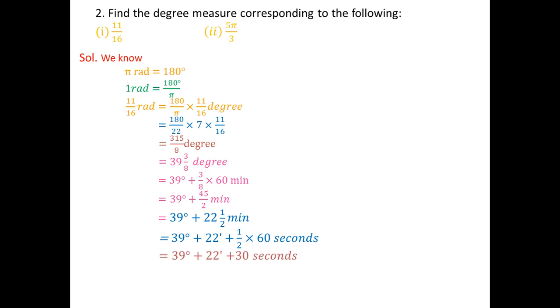So after simplification, we get 39 degree plus 22 minutes plus 30 seconds. On combining, we can write our answer 39 degree 22 minutes and 30 seconds.